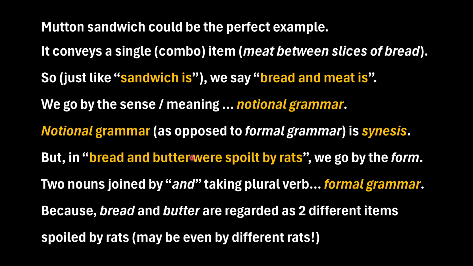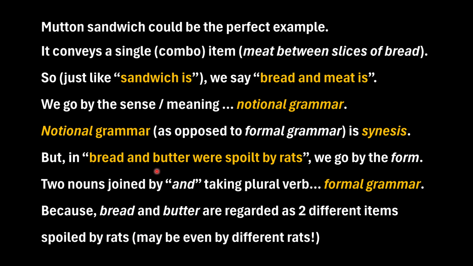But in "bread and butter were spoiled by rats," we go by the form. Why? Because bread was a separate item, butter was a separate item. Bread was kept in a different place, maybe, and butter was kept in a different place. They were spoiled, maybe by two different rats. It's quite possible that only bread was spoiled, and butter escaped the rat's attention.